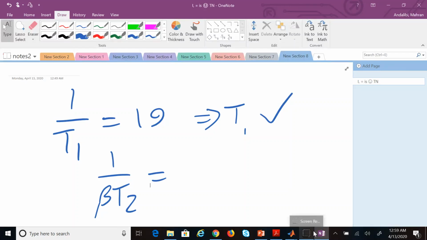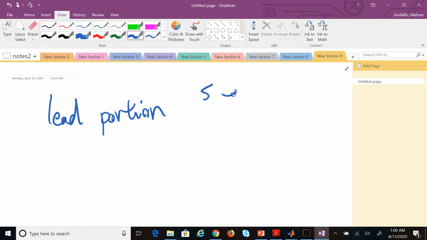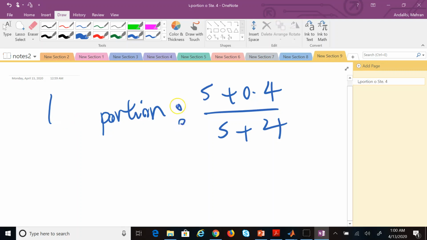Okay, so the lead portion of my compensator is S plus 0.4 divided by S plus 4. Now your textbook found 0.7 and 7 for these two numbers. I don't know again how, maybe because it uses negative 13 decibel instead of negative 9.5 at the gain crossover point, but I here find some different numbers.